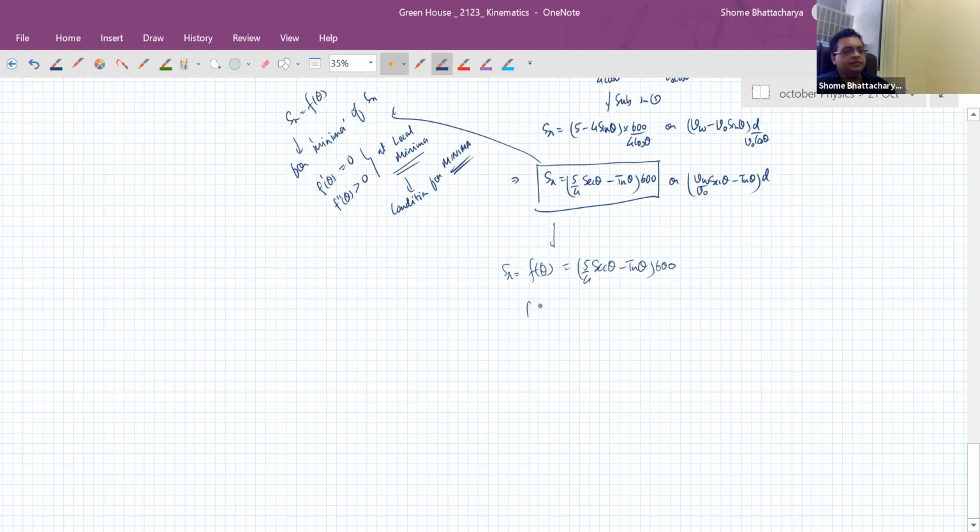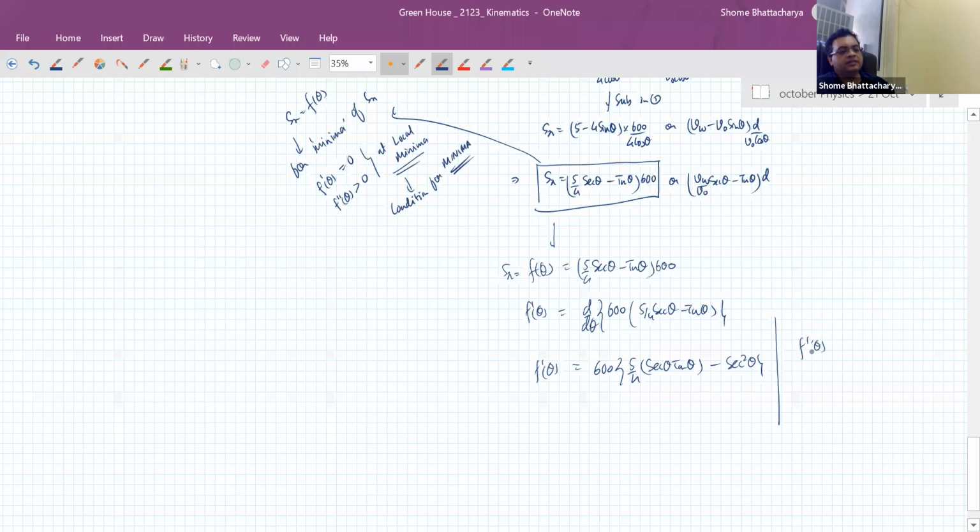So the derivative of that function is differentiation of this term. Now sec theta's derivative, you remember, is sec theta tan theta, and tan theta's derivative is sec square theta. So this is the derivative of that function.